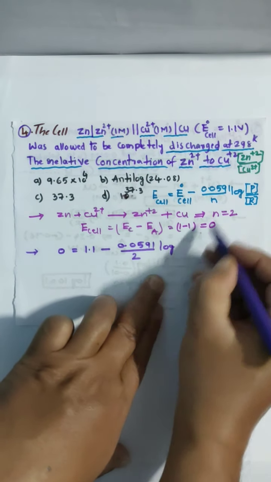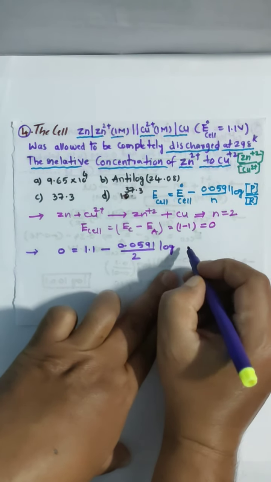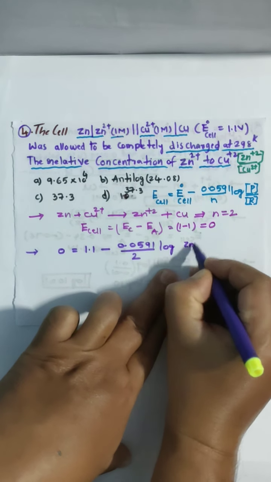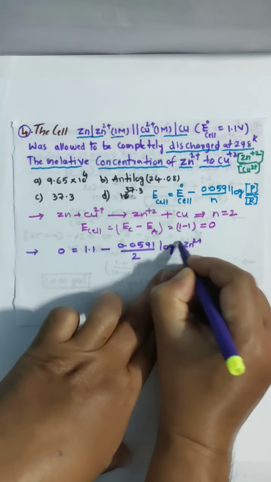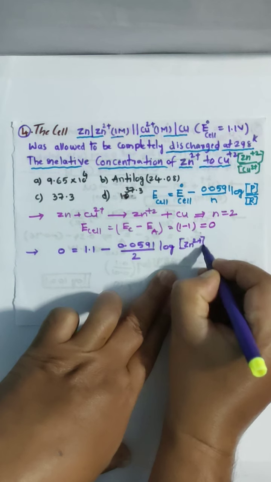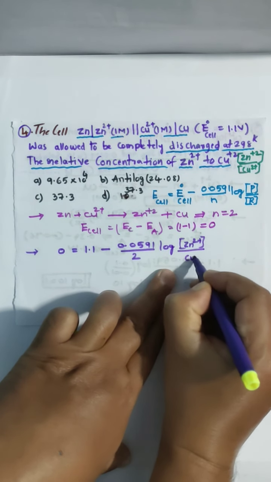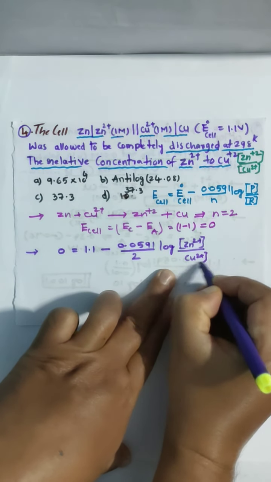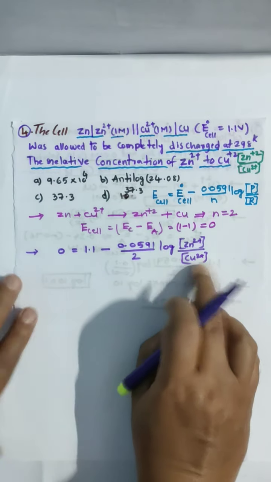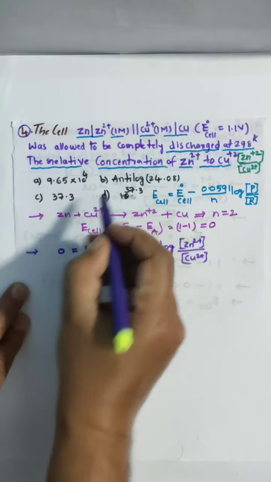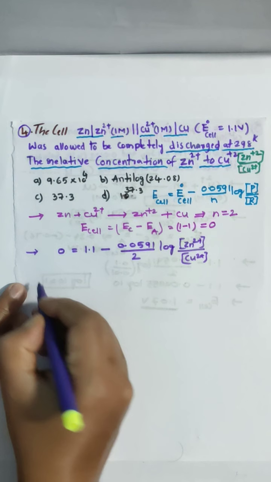That ratio only we have to show. The product is Zn2+ concentration upon Cu2+ concentration. The relative concentrations of these two only we have to calculate.